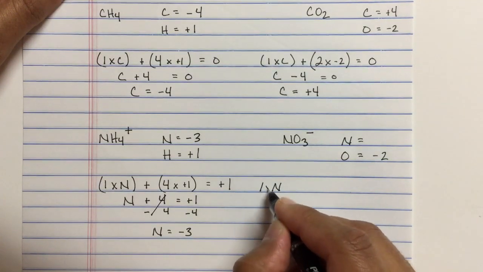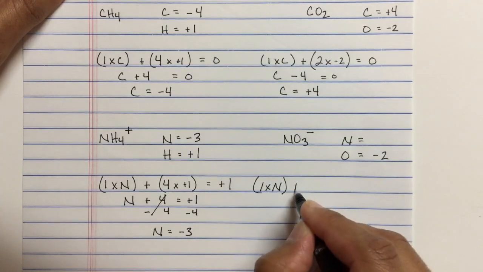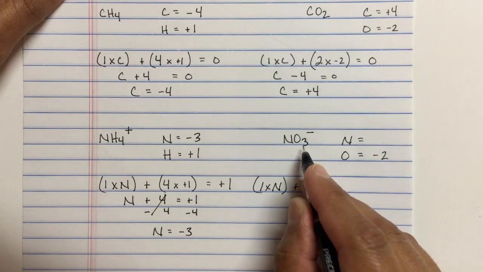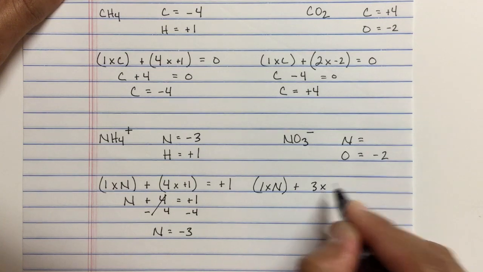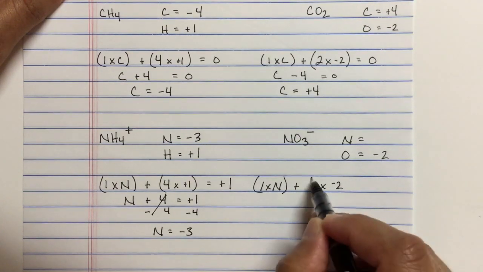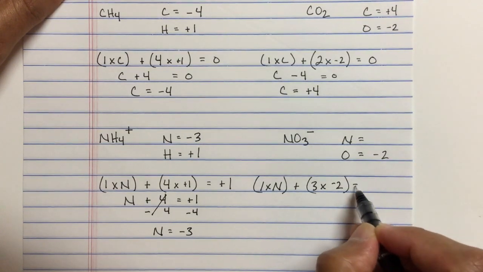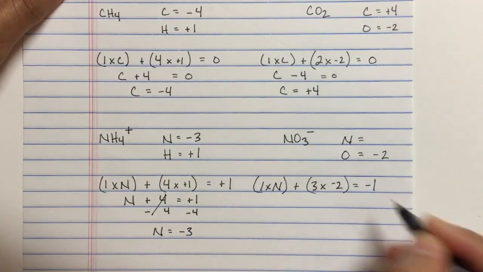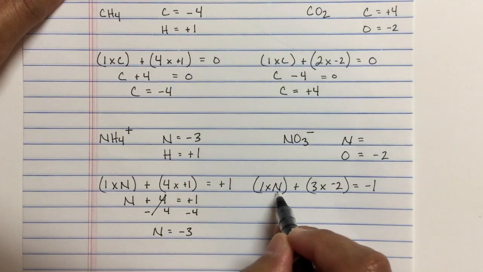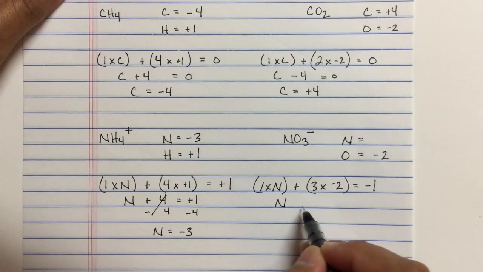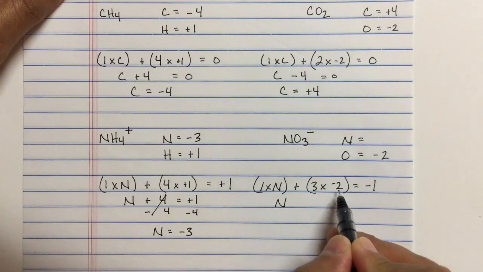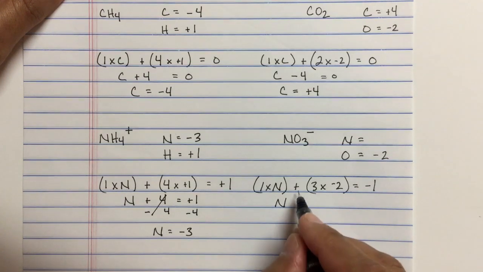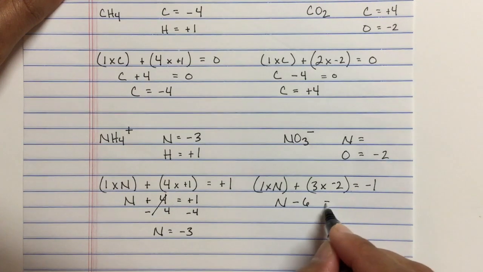So 1 times nitrogen plus 3 oxygens, so 3 times -2. And all of this should equal the net charge, which is -1. 1 times nitrogen is just nitrogen. 3 times -2 is -6, so this becomes -6.